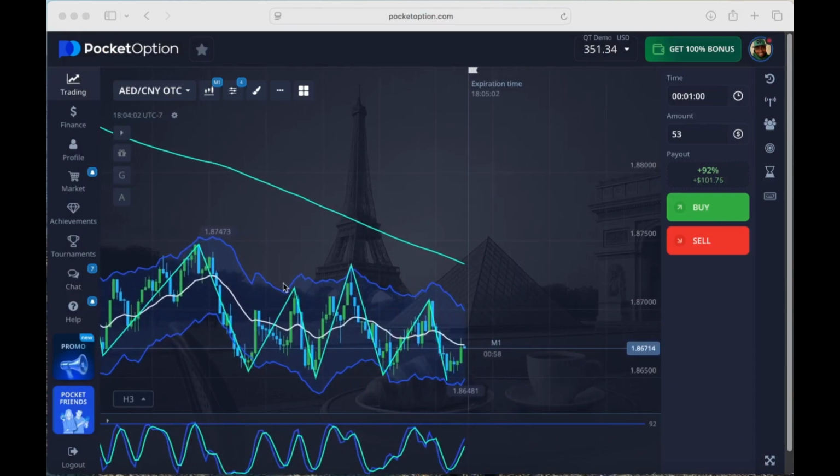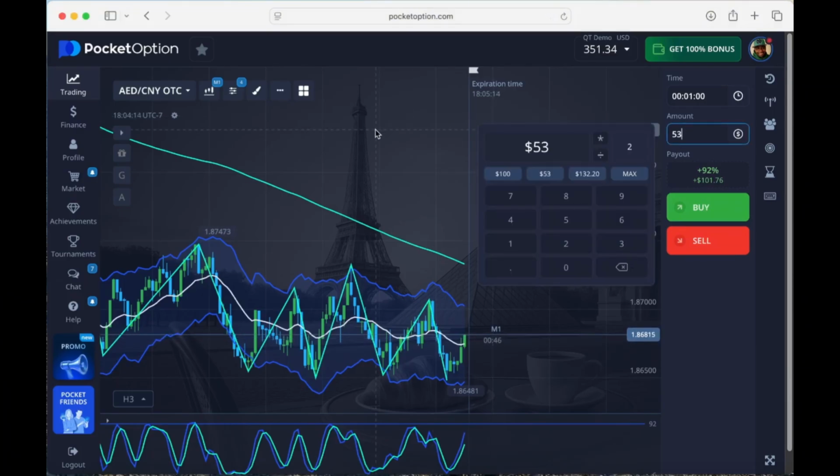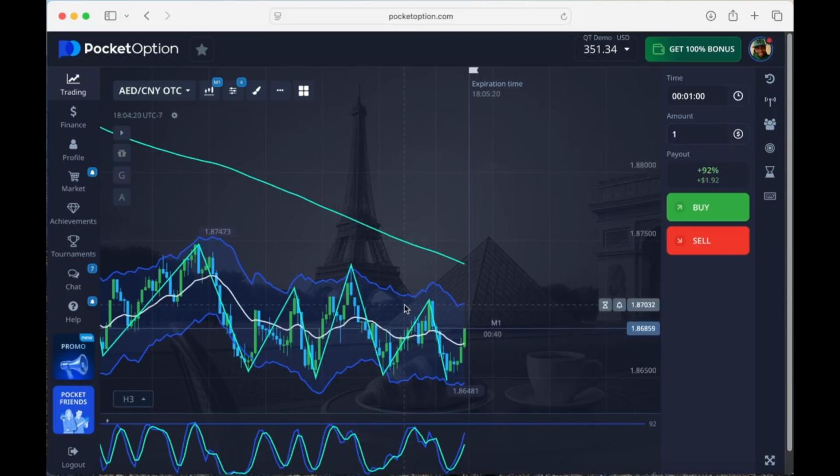So real quick, it's gonna be maybe a 5 or 10 minute video, but I want to show you guys exactly how I trade and what I look for when I'm in the market. As soon as I log in, I go to the M15.